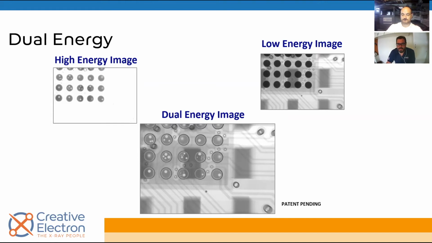What dual energy allows you to do is to get two images and combine them together. On the left side, we have a high energy image, and on the right side, we have a low energy image. Our algorithms combine those two images, giving you what we see on the bottom, which is a dual energy image. This allows us to see the voids inside, but also to see the traces that are going to the balls.